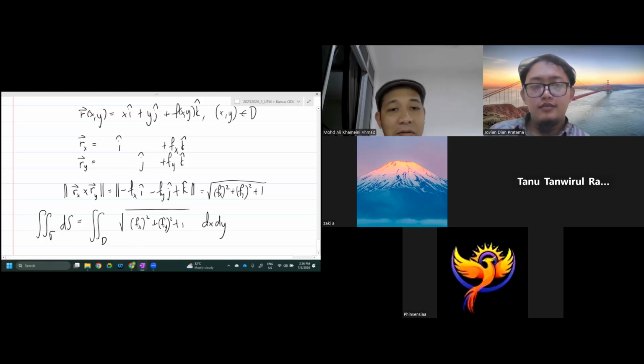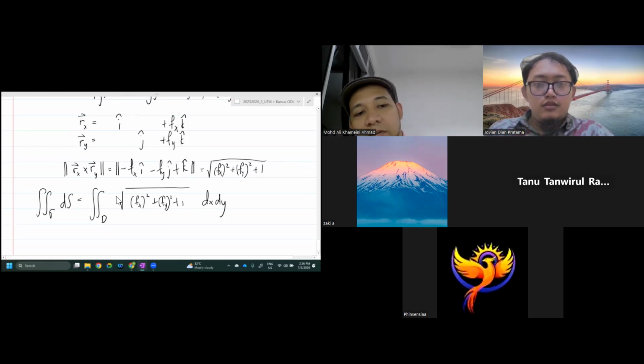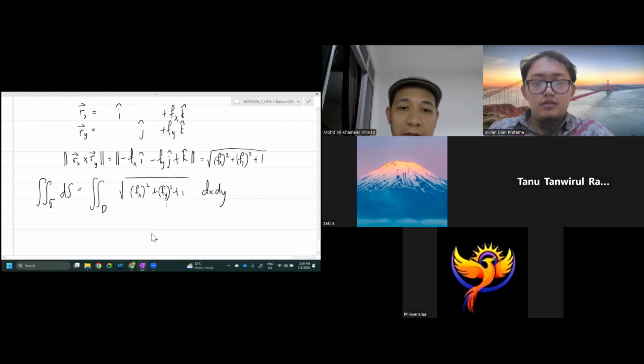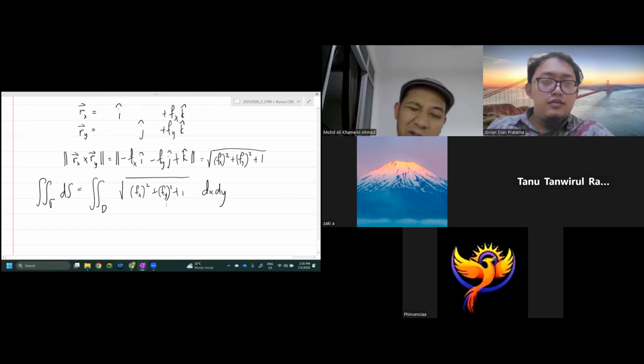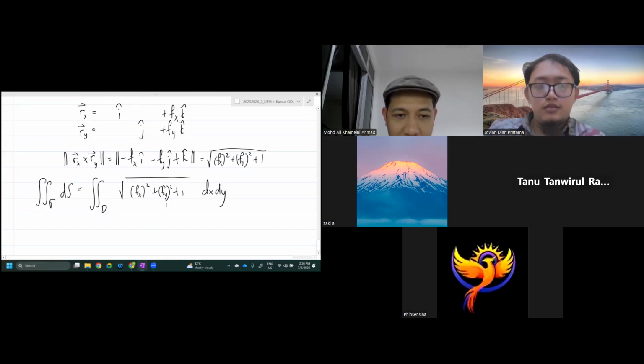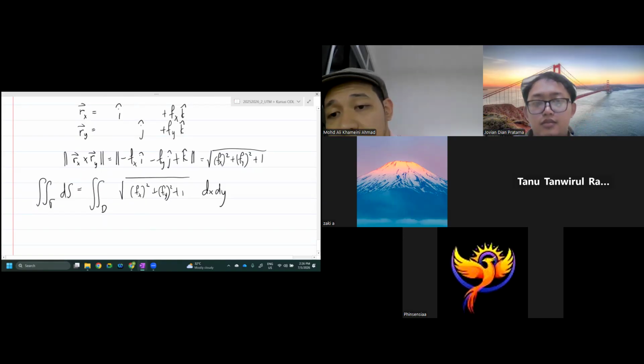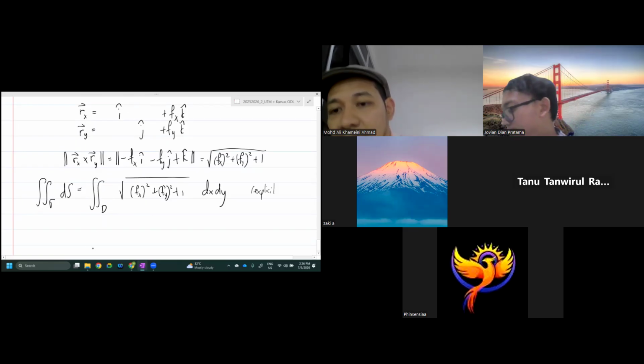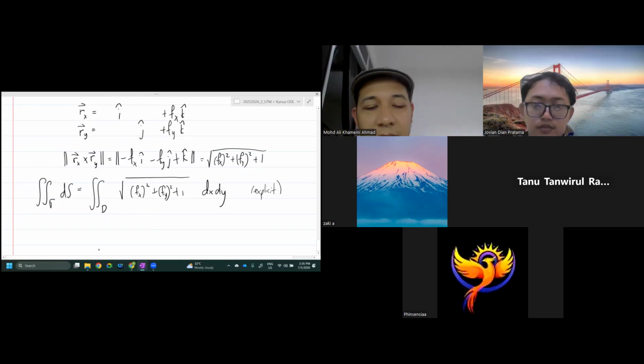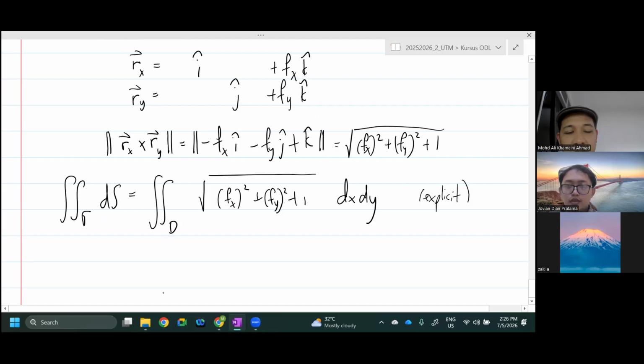So that's it. That's how you use the explicit form. Similarly, if you have the implicit form, you will get a more or less similar form like this. So this is for explicit. Let me just write the implicit form. It will be something like this, because you have big F just now, right?